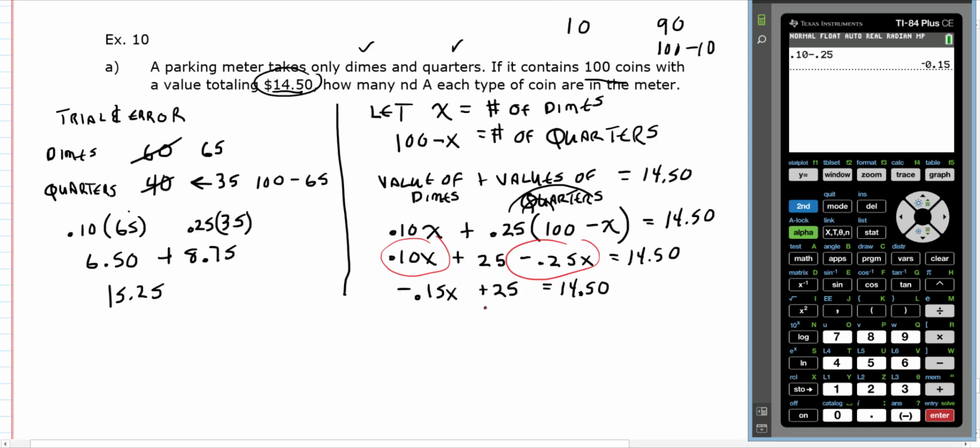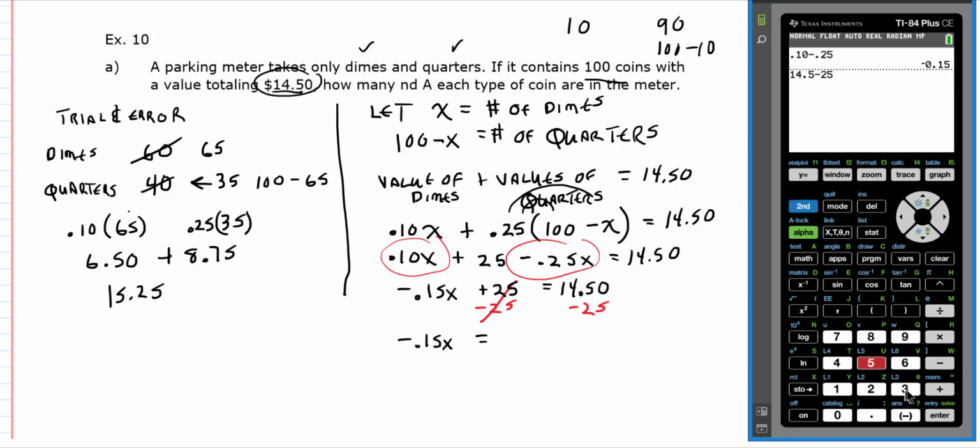Okay, now it's standard equation solving. Subtract 25 from both sides. When you do that, you'll be left with negative 0.15x is equal to, and I'll take my calculator, 14.5 minus 25, and that'll give negative 10.5.